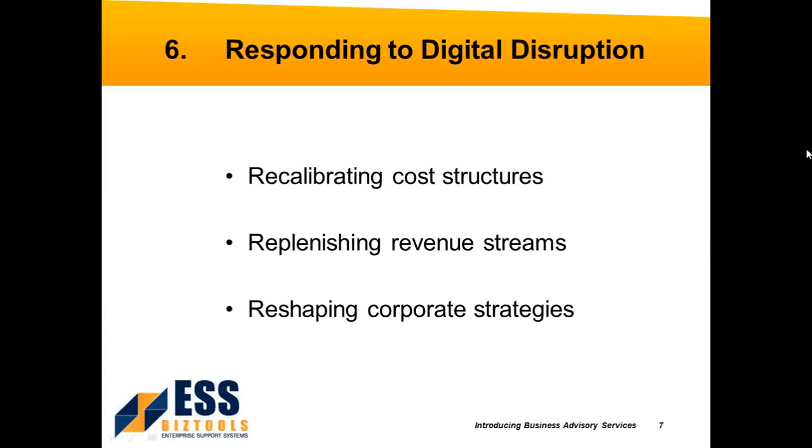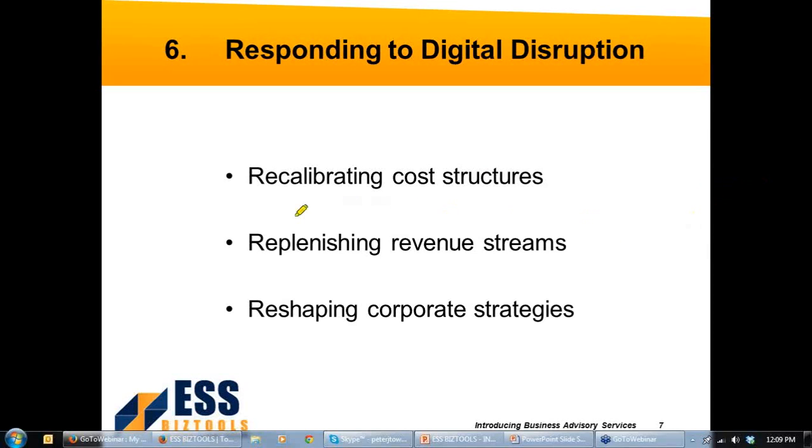Now, we've looked very closely at these and have decided that replenishing revenue streams is one of the areas that ESS BIZTOOLS can assist in, because we're looking at developing suggestions, products, processes for accountants to use to deliver a range of non-compliance services to your clients.